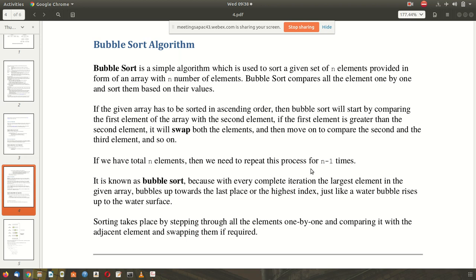What is going to be the increasing order? Increasing order means smaller number comes first, then the next smaller number, then the third smaller number, and ultimately the biggest number will come last.